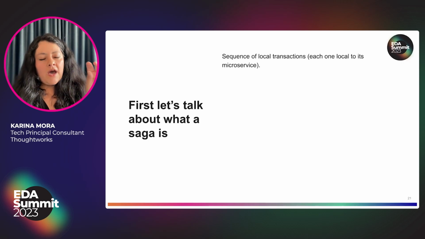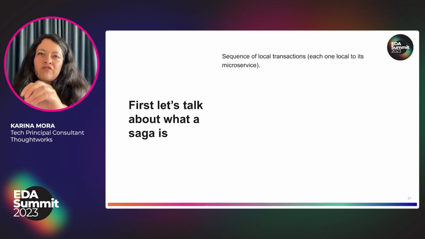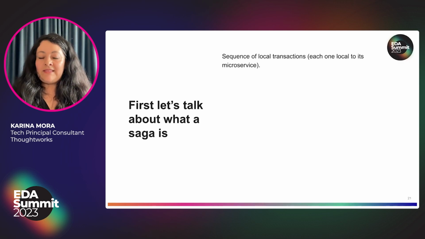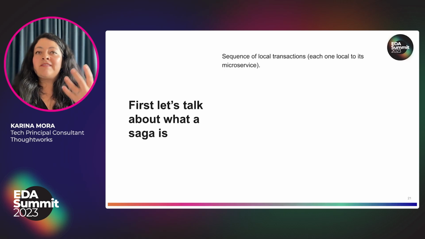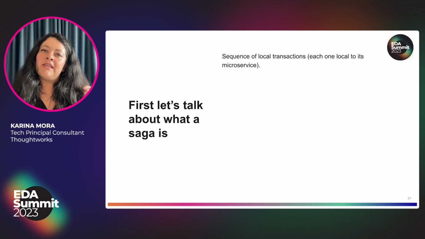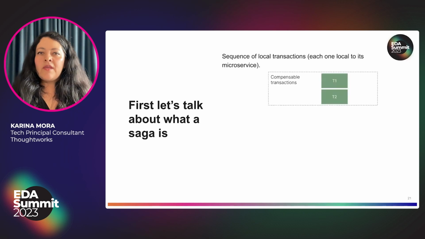If I have a user identification and a customer identification, I need both of them to be connected in this distributed architecture. In this case, the saga is basically this idea of generating a transaction based on the local transactions that happen in each microservice.